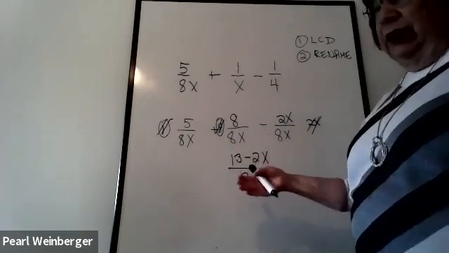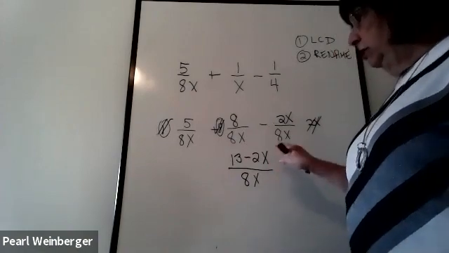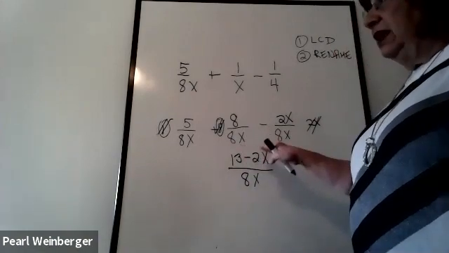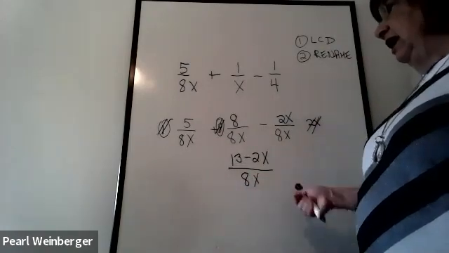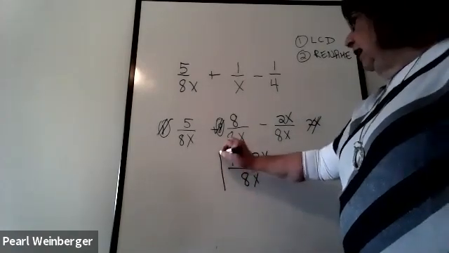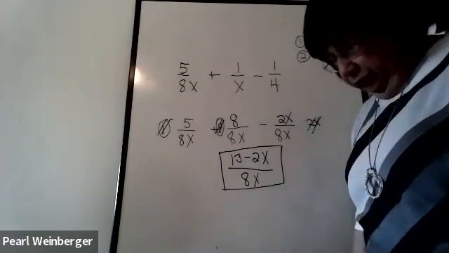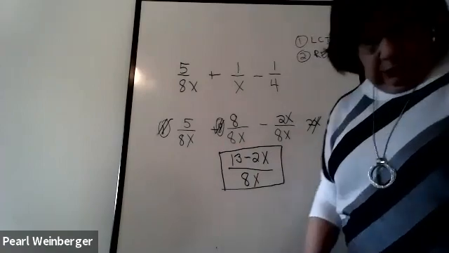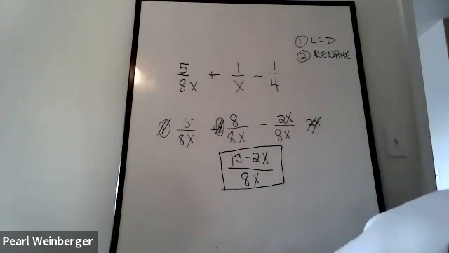Remember, now the numerator is a polynomial. It's 2 terms. So if I wanted to reduce it, I'd have to factor it. And this is not factorable, so there's nothing that I can cancel out. And this would be my answer to that fraction.